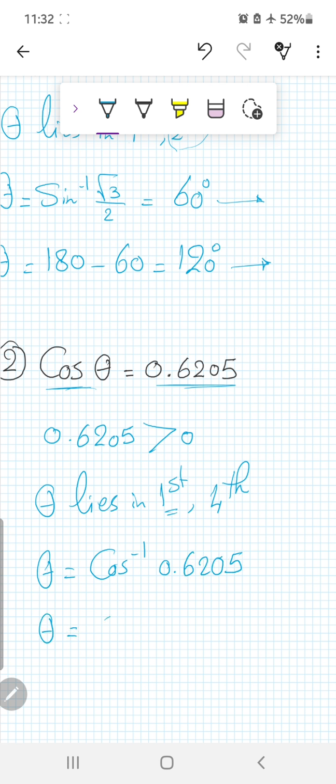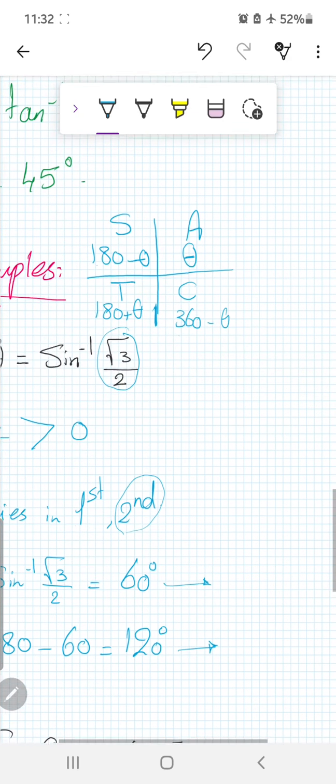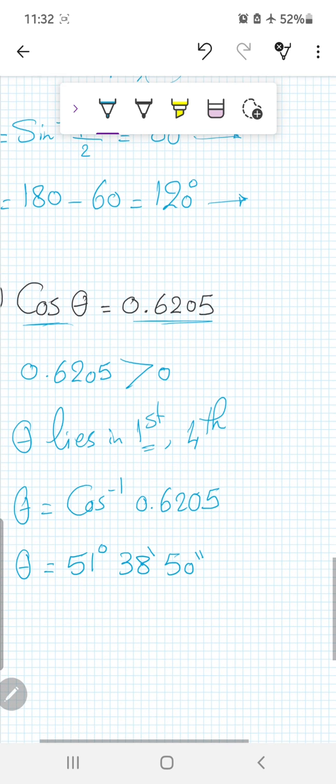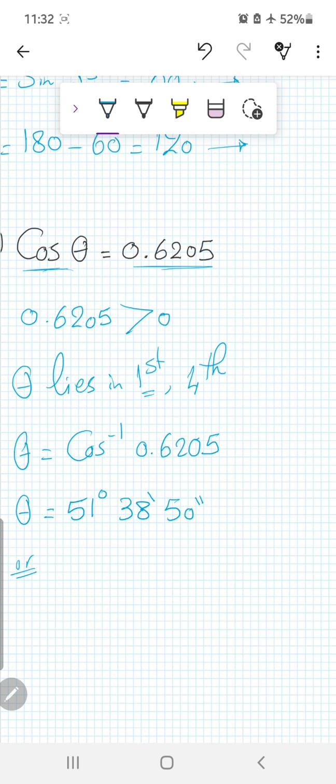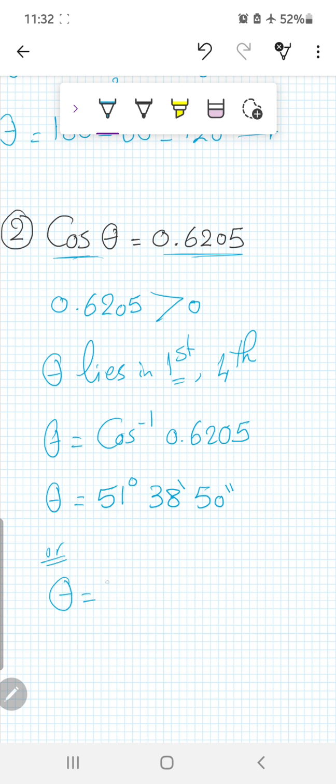The result will be 51 degrees 38 minutes and 50 seconds. We want to get the second value of theta in the fourth quadrant. We said before that the fourth is 360 minus theta, so the second value equals 360 minus 51 degrees 38 minutes and 50 seconds. So we get 308 degrees 21 minutes and 9 seconds.